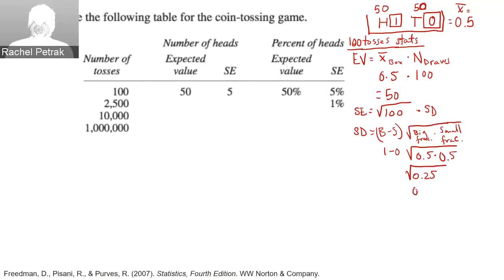So this is 0.5. See how we're able to find the standard deviation of a simple box like this pretty easily, much more quickly than a more complex box.